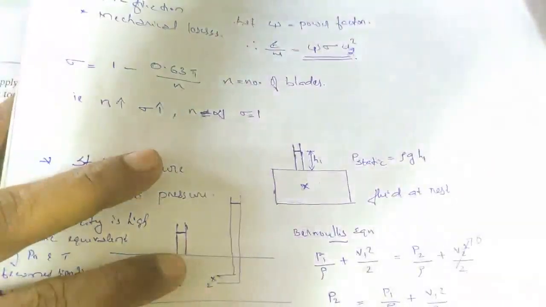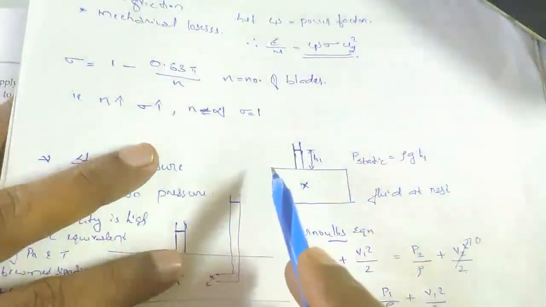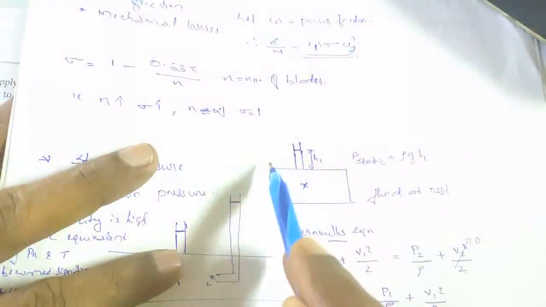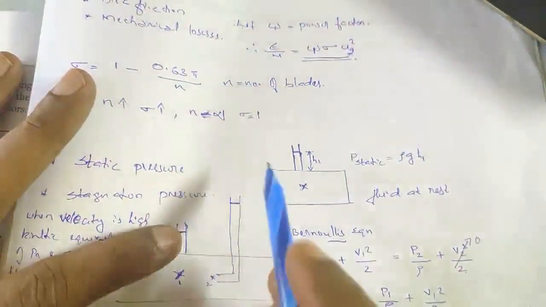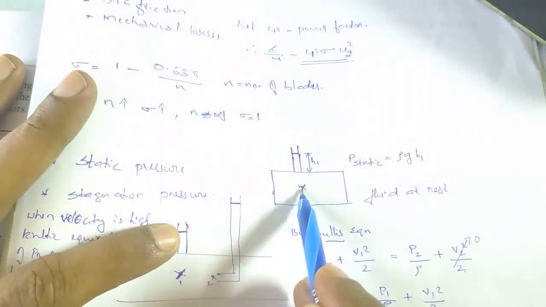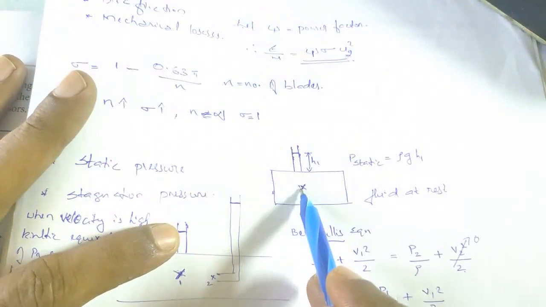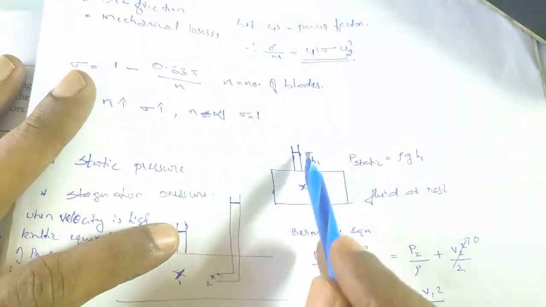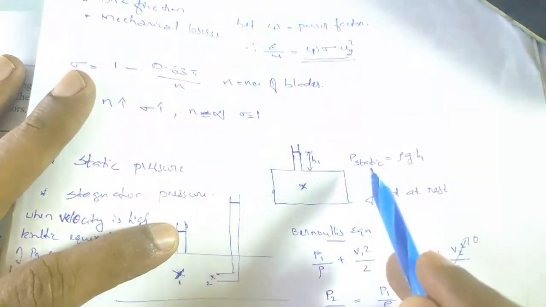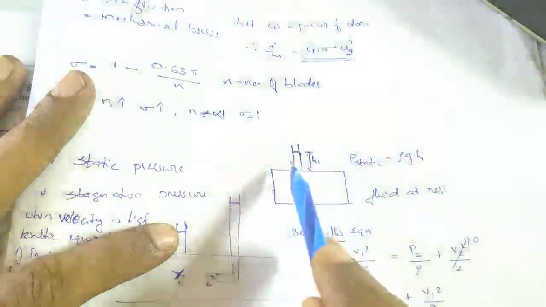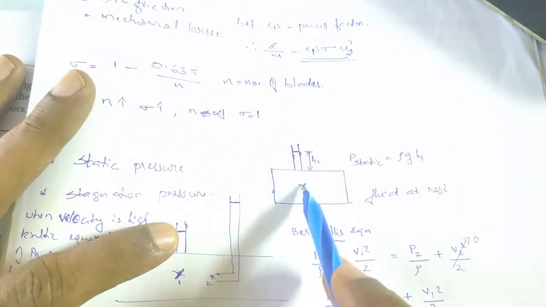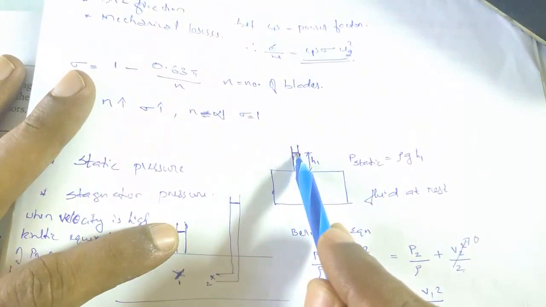For that, we may consider a fluid at rest. This is a fluid at rest. Consider a point here, and what will be the pressure experienced by this point of the fluid? It can be measured by a piezometer, and it will be equal to rho gh, or rho gh1, the height from this point to this level.